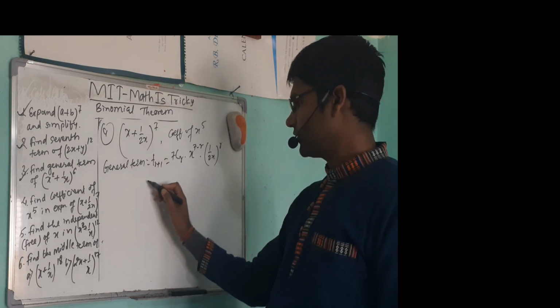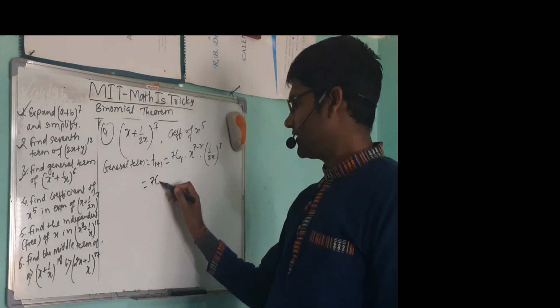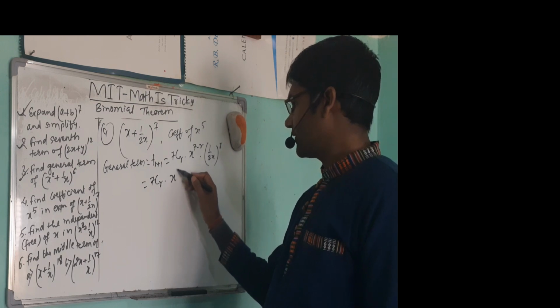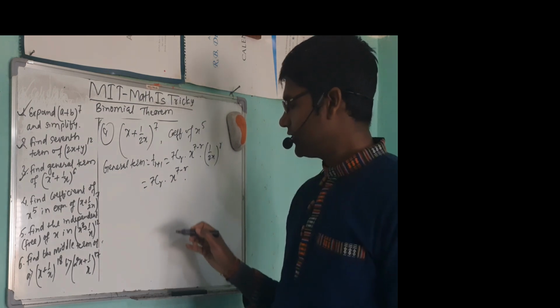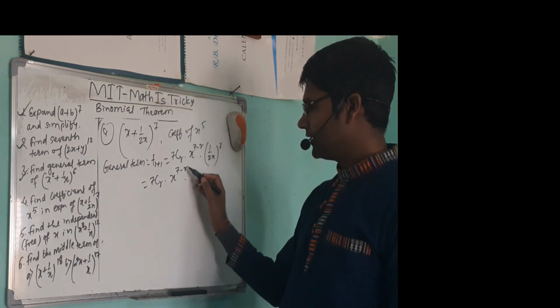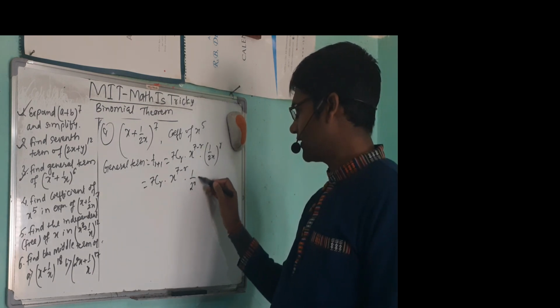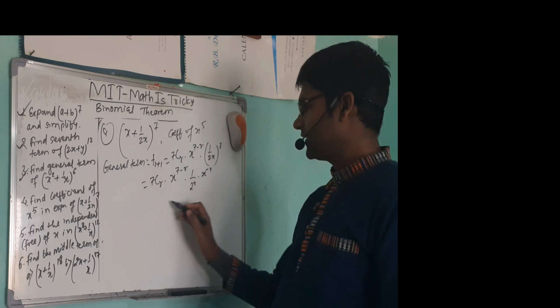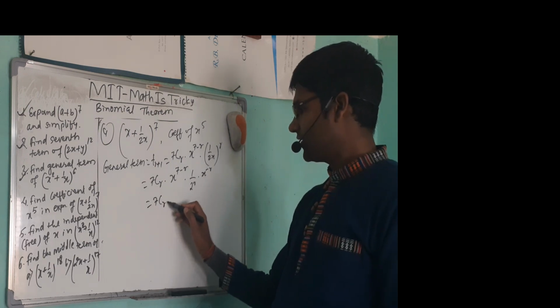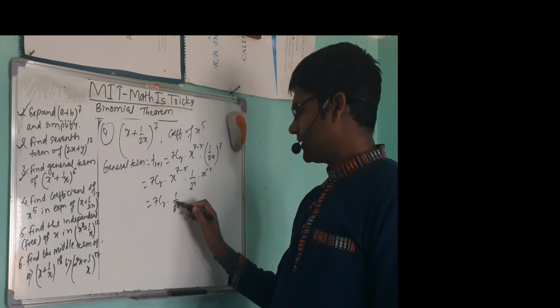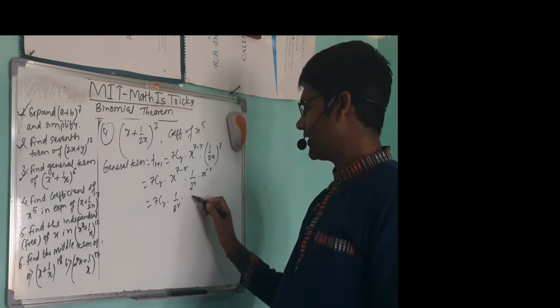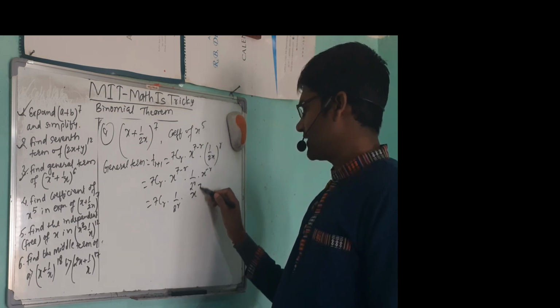By simplification, we can write C(7,r) x^(7 minus r). First simplify for x: we can write 2^r, x^(minus r). It gives C(7,r) times 1 by 2 times (1 by 2)^r, and the x power is 7 minus 2r.